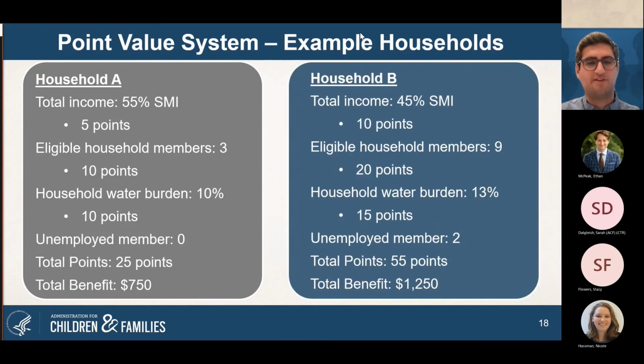Household B has 45% of the state median income, and 9 eligible household members, and a 13% household water burden. There are 2 unemployed household members, so their total points are 55. This results in a $1,250 benefit amount. For this example, the maximum benefit is $1,250 for any point amount above 46. Additional points do not result in a higher benefit at this level.